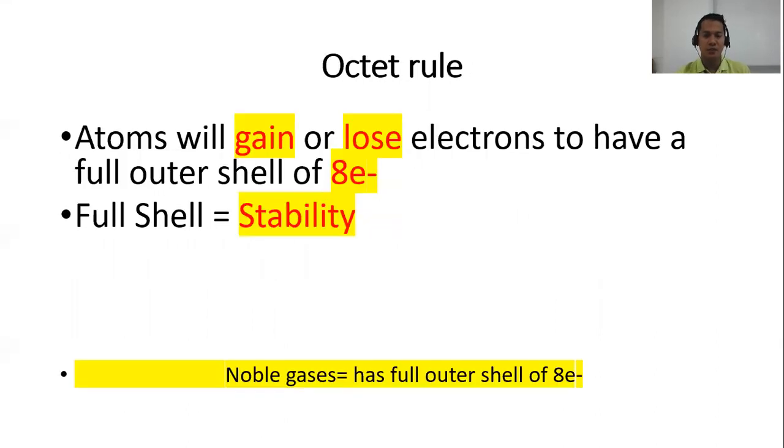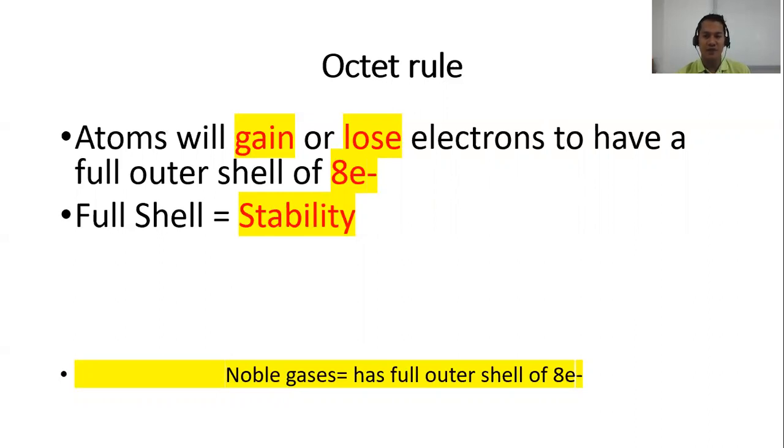Here we go. The octet rule says atoms will gain or lose electrons to have a full outer shell of 8 electrons. All right. So full shell, I'm talking about here the valence electrons, the last shell, or the last orbital, or the last energy level.